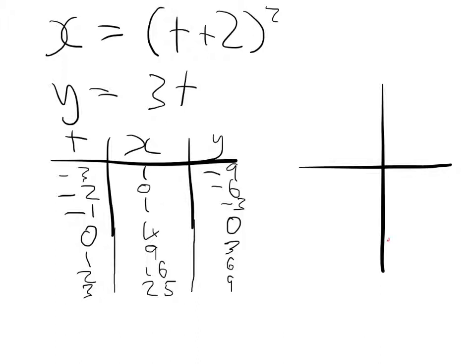We've got 1, and we've got -3 and -9. 4 is going to be 0. -3 should be about halfway between, so it should be about here maybe.